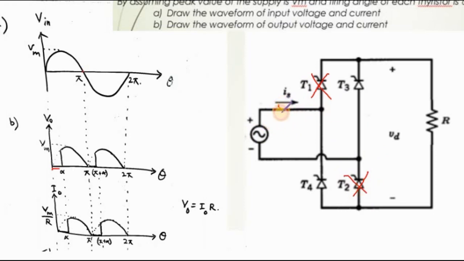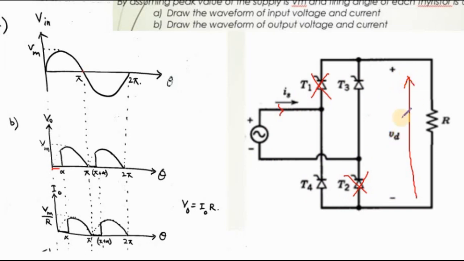So the current can't flow this path because T3 and T4 are reverse biased. So you don't have any potential difference from here to there.